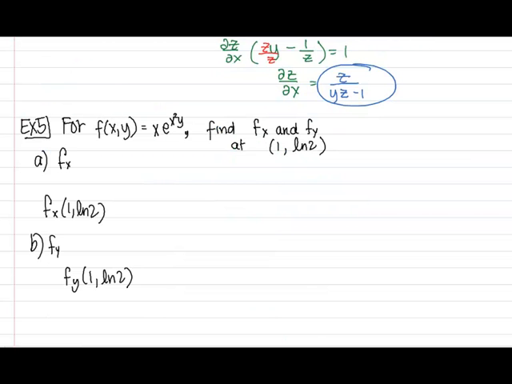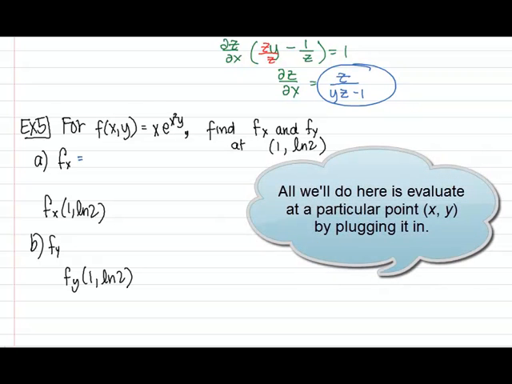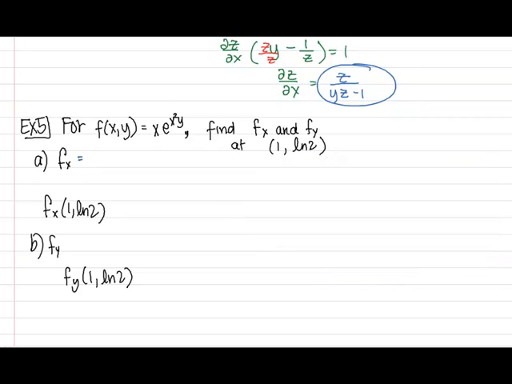We can also find partial derivatives at specific points. So let's quickly find the partial derivative f sub x. With respect to x, this is going to be the product rule. So e to the x squared y plus x times, now e to the x squared y times 2xy.